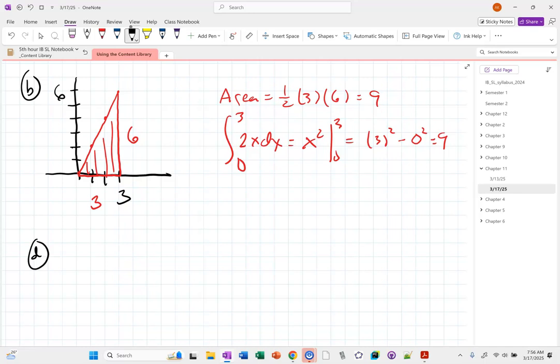So here my function is the square root of 4 minus x squared. Now, you might need to graph that on your calculator to know what the picture is going to look like. I don't. What does that shape look like to you?